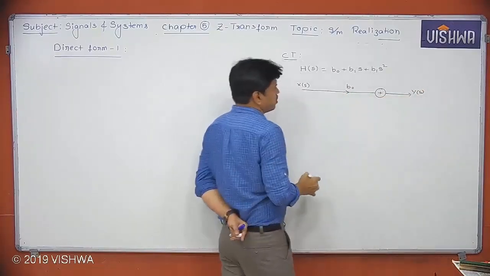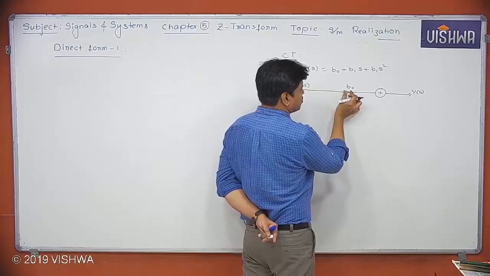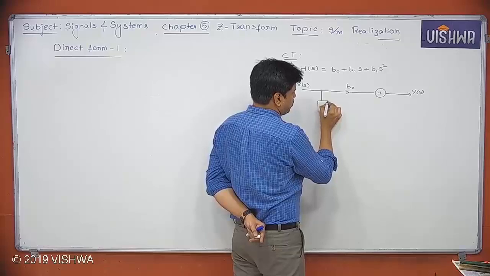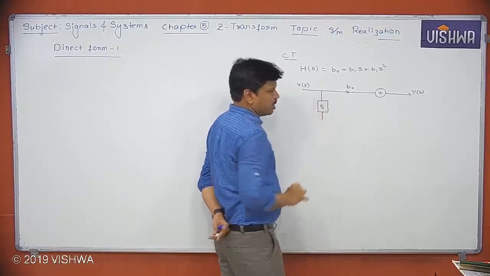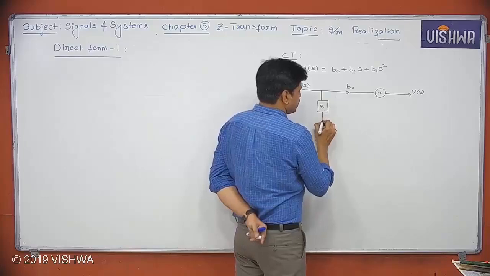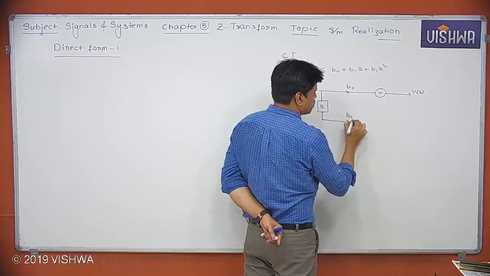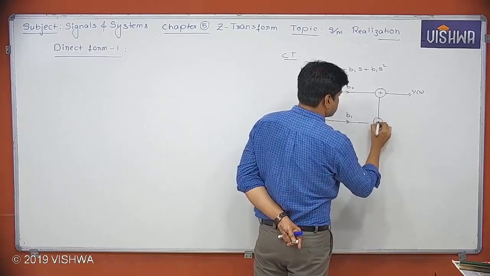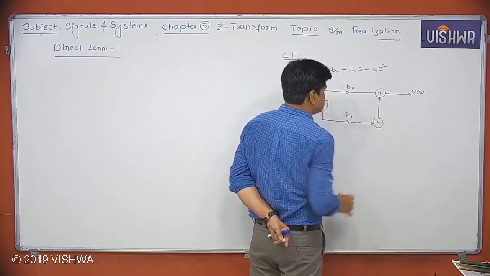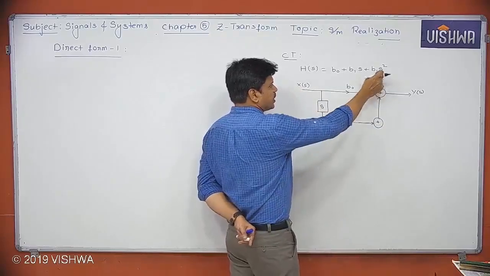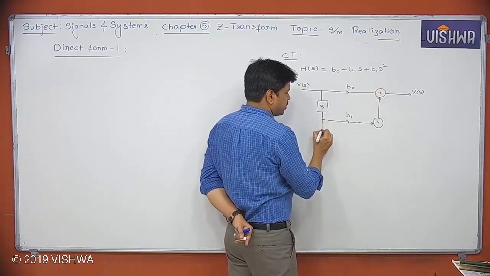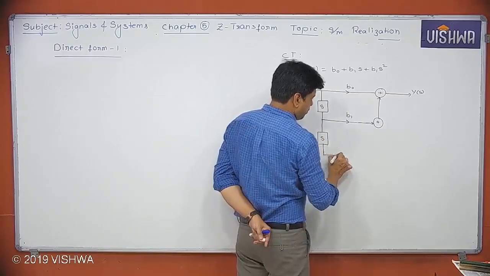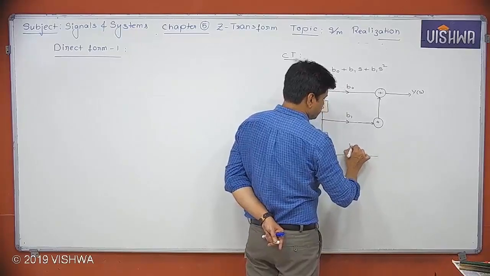First, X multiplied with b0 gives Y. Next, multiplied with s, then we have multiplication factor b1, added. Next, we require s squared times b2, so I include one more s, and let's say b2.